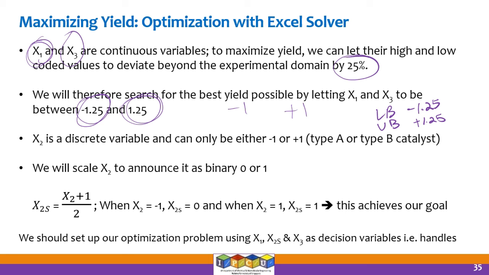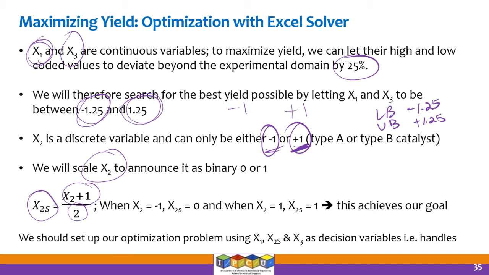Now x2 is a discrete variable and it can only be type A catalyst or type B catalyst. So it has to be either minus 1 or plus 1. What I'm also doing is I'm going to scale x2 and announce it as binary, so 0 or 1. I'm introducing a new scaled variable called x2s, which is going to be x2 plus 1 divided by 2.